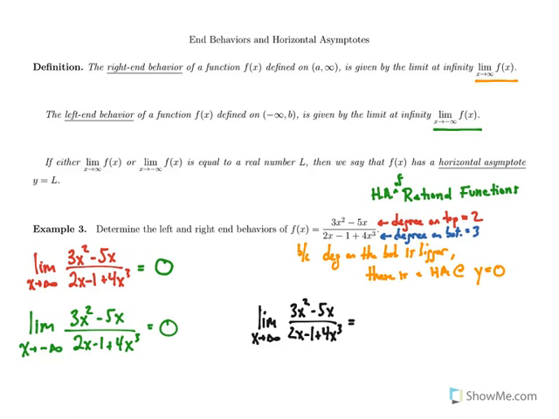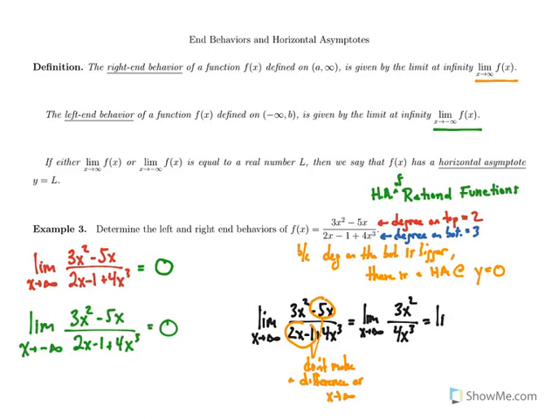But for limits at infinity, we can say that this is going to be equal to the limit of just the highest power on the top and just the highest power on the bottom. And the reason we can do that is because in the grand scheme of things, the negative 5x and the 2x minus 1 don't make a difference as x goes to infinity. And that's because 3x squared and 4x cubed dominate.